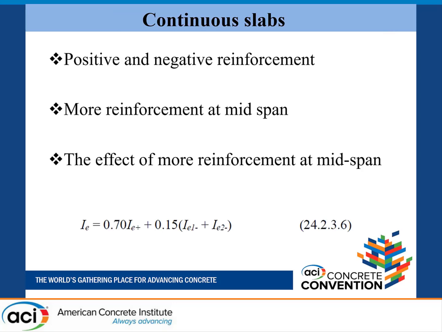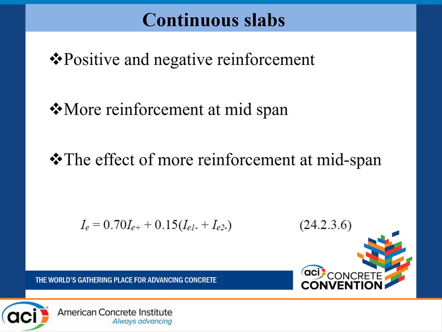In continuous slabs, there was some advantage of having negative reinforcement at the supports, and it increased our effective moment of inertia, and somehow we were able to control deflection at lower thickness.